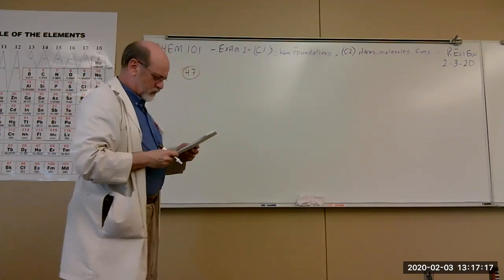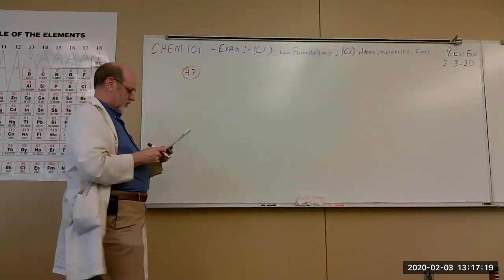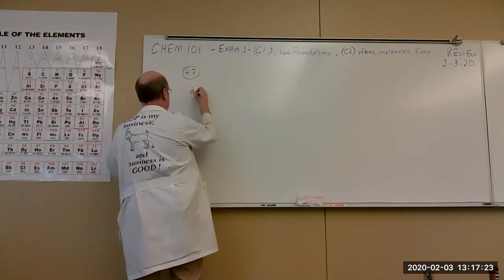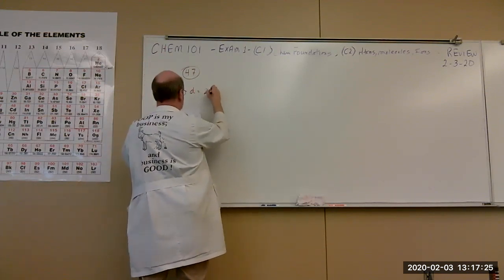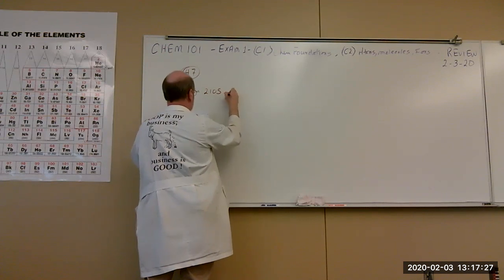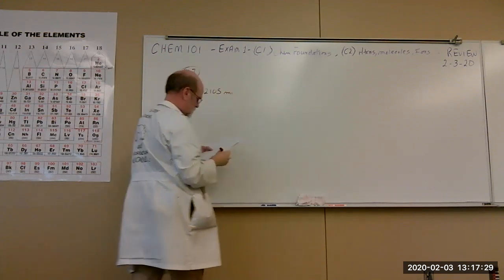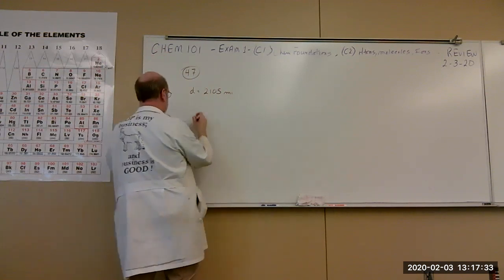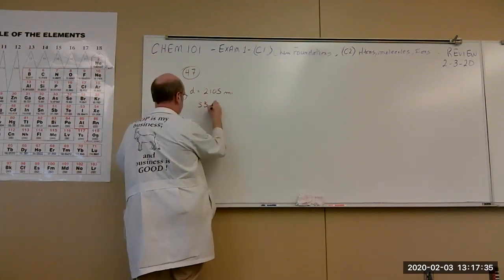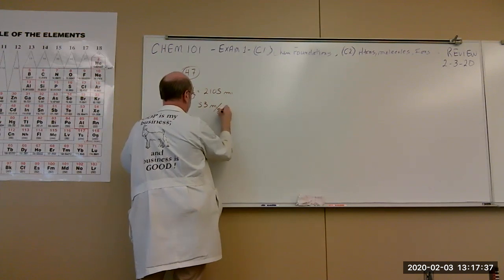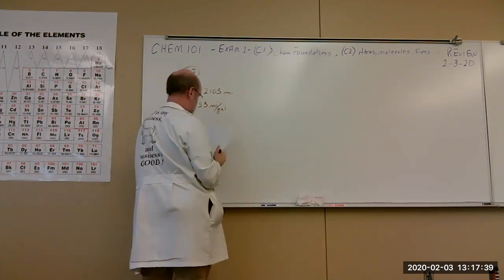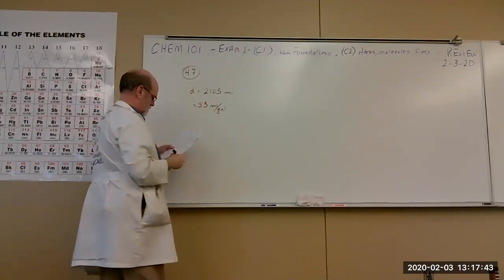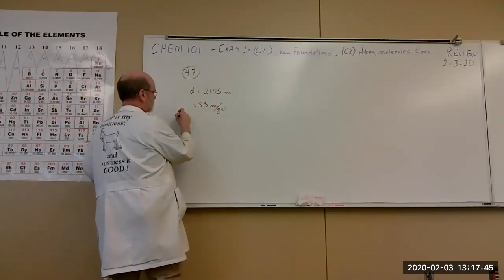So, you're planning a road trip, a spring break, and the distance is 2105 miles. If your car gets 33 miles per gallon, I don't know what that value would be.